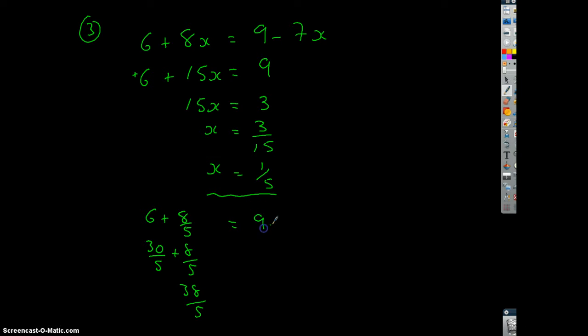So 9 minus 7/5. Okay, so we need a common denominator over 5, so that's going to be 45 over 5 minus 7 over 5, and 45 minus 7 is 38 over 5. The left hand side equals the right hand side, so we know we've got the answer correct.